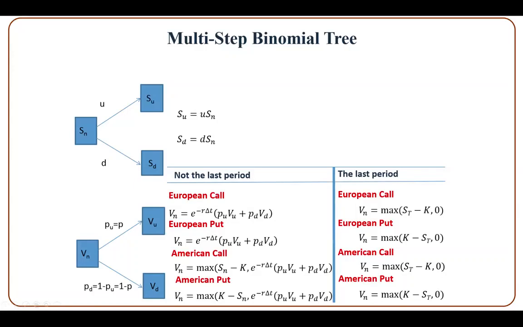So here you can see the max function. So repeat this process backward in time back to time 0. We can calculate the value of the option.